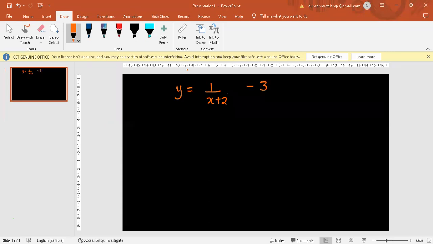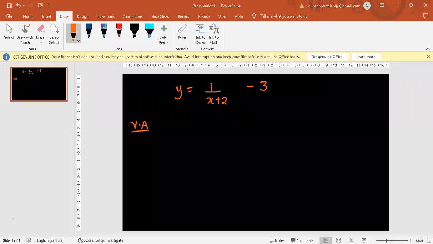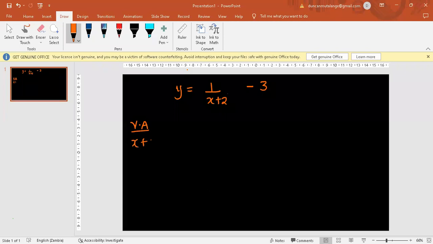So how do you find the vertical asymptote? It's the same way. The vertical asymptote is just the zeros. We get just the bottom part, x plus 2 equal to 0. Then you find x is equal to negative 2. So this is your vertical asymptote.